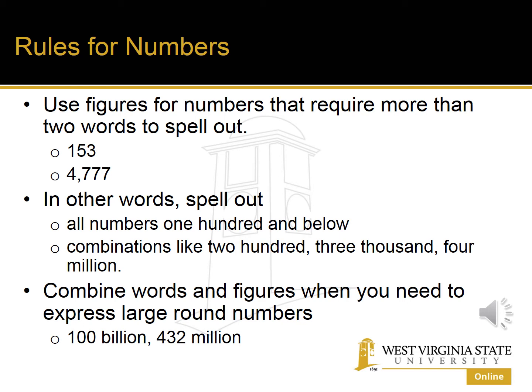So in other words, looking at it from a different perspective, we should spell out all numbers that are 100 and below. We should also spell out combinations like 200, 3,000, 4 million. And we should combine words and figures when we need to express a large round number like 100 billion, 432 million.